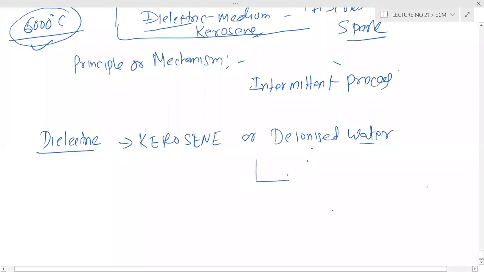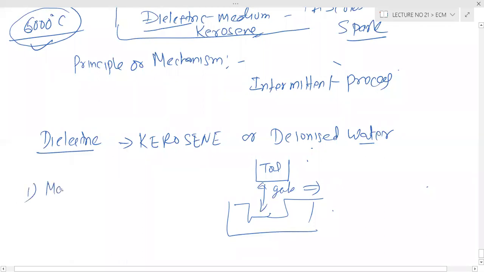You know that this is your tool and this is your workpiece, and there is a gap. That gap is filled with dielectric. So what are the dielectric functions? First function is it maintains a gap, because you need a gap for the electron to jump. Spark is generated by that, so you have to create a gap.